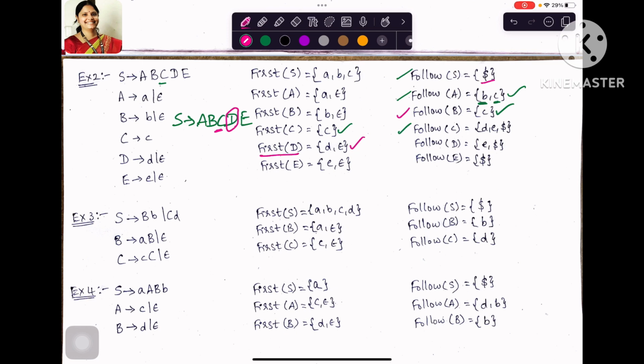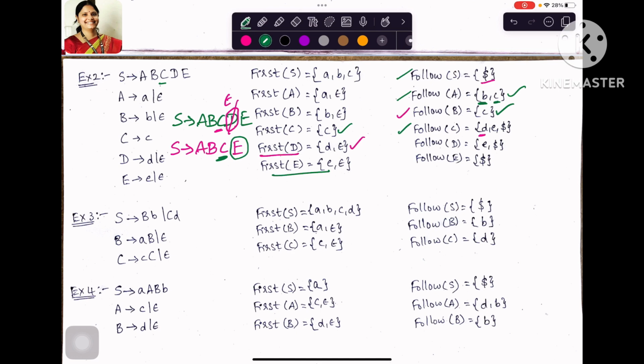We will first write D, and epsilon should not be written in the result as we can substitute it in the production. After substitution, the production becomes S produces A, B, C and E. Now follow of C will be E. E is a non-terminal, so we have to calculate the first of E. The first of E is E and epsilon.